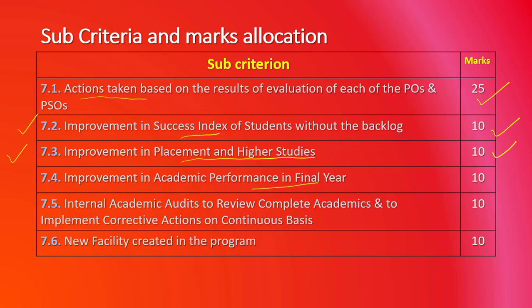Improvement in academic performance for the final year student, 10 marks. And internal academic audit to review complete academics and to implement corrective actions on continuous basis, 10 marks. And new facility created in the program, 10 marks.